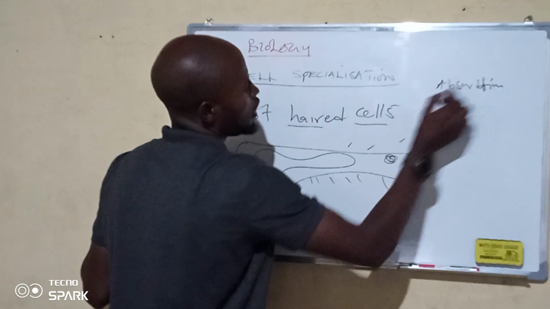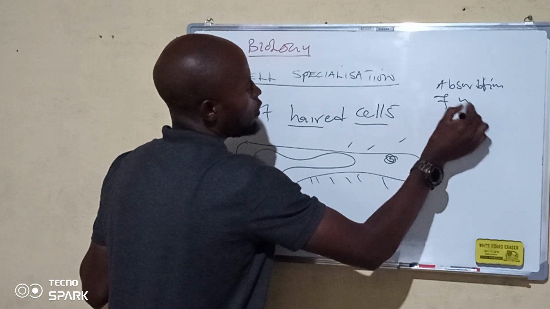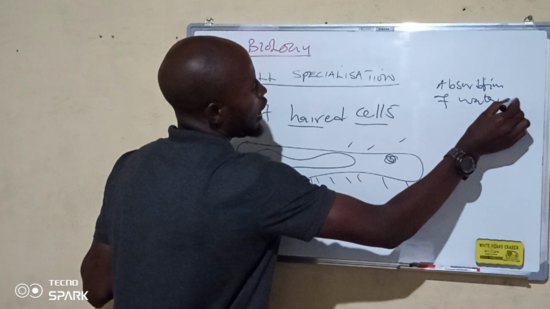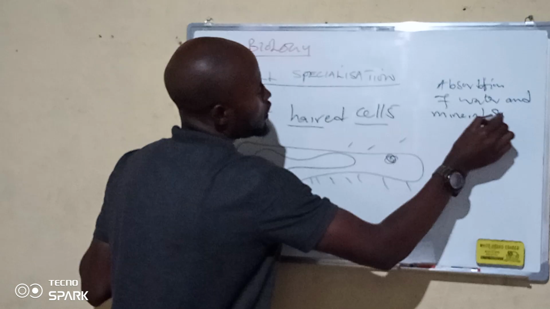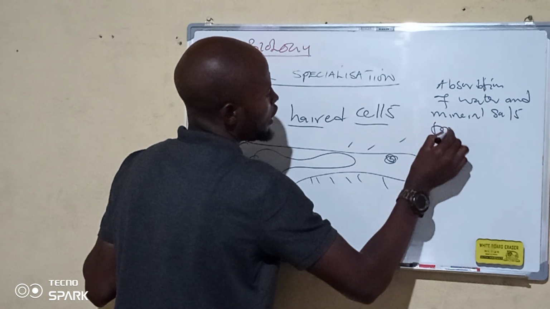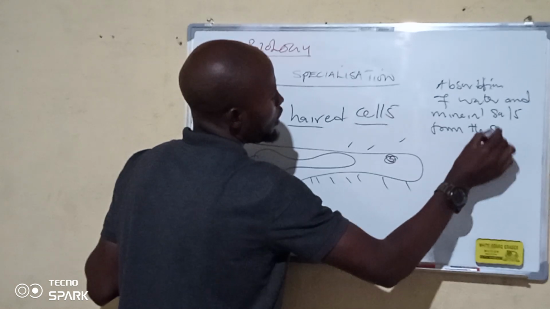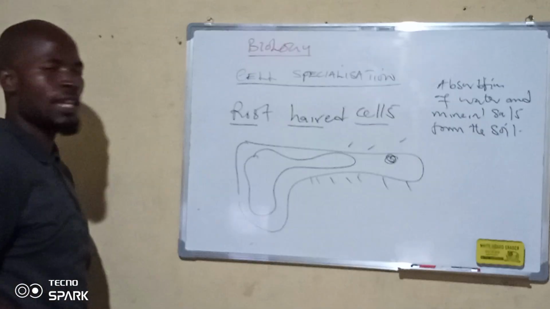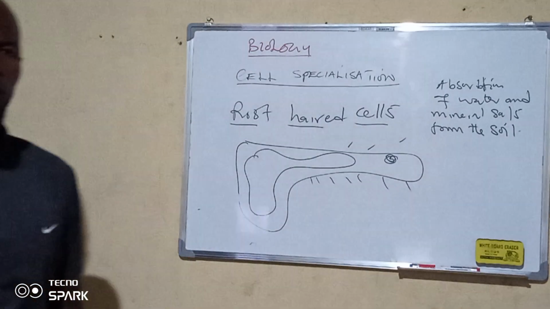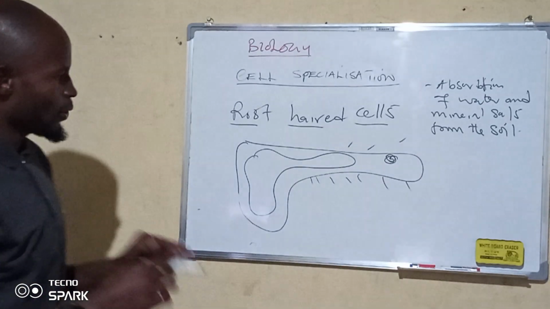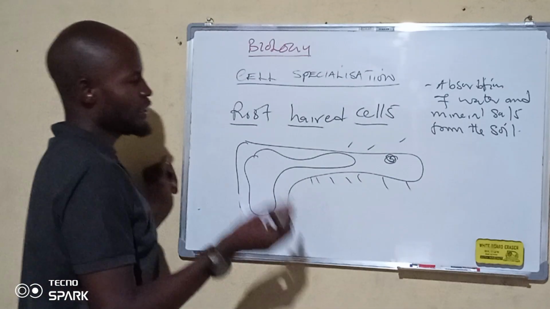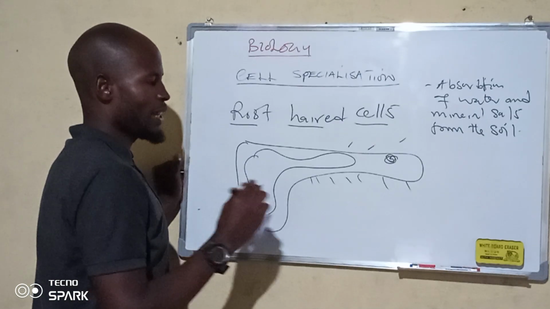Absorption of water and mineral salts from the ground, from the soil, because these are directly linked to the soil. This cell also has parts.